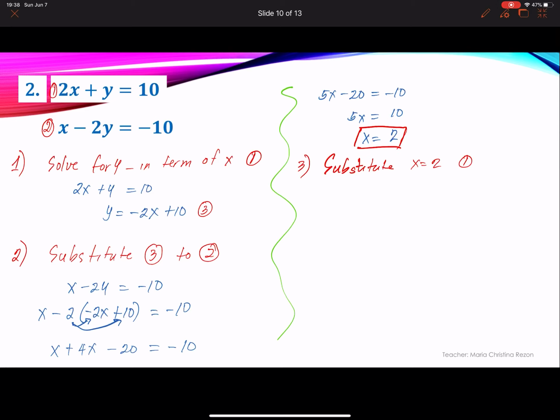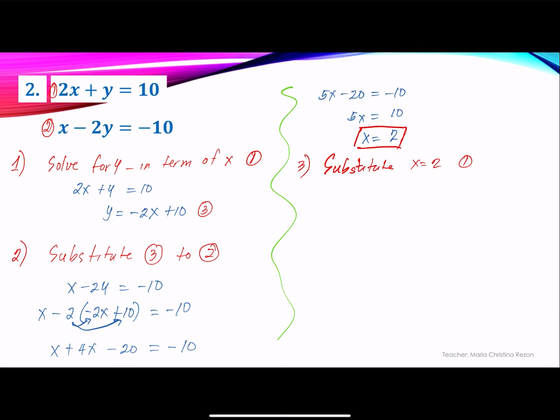Then you can have 2x plus y is equal to 10. x is equal to 2, so you'll have 2 times 2 plus y is equal to 10. So that is y is equal to 6.